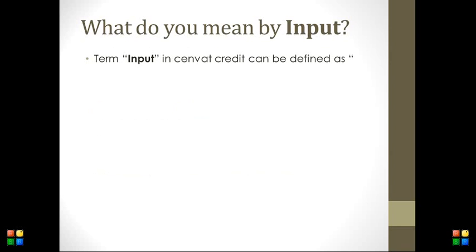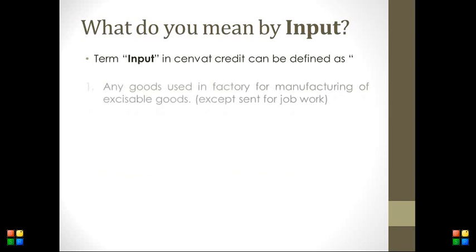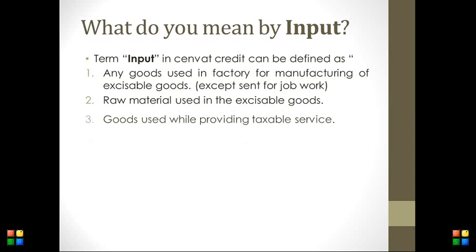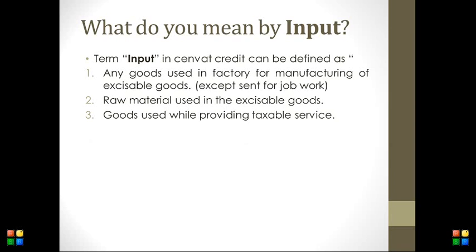The term input in Cenvat credit can be defined as any goods used in factory for manufacturing of excisable goods, except those sent for job work. Second, raw material used in the excisable goods is known as input. Goods used while providing a taxable service are known as inputs.